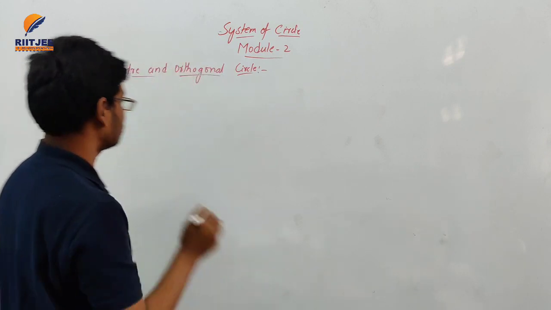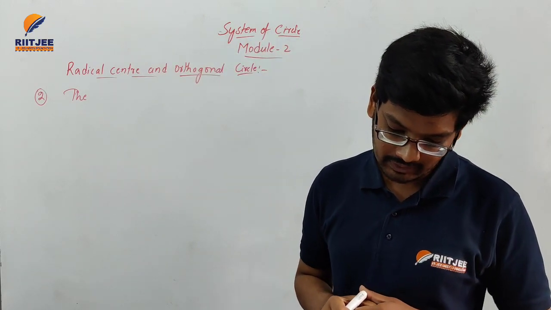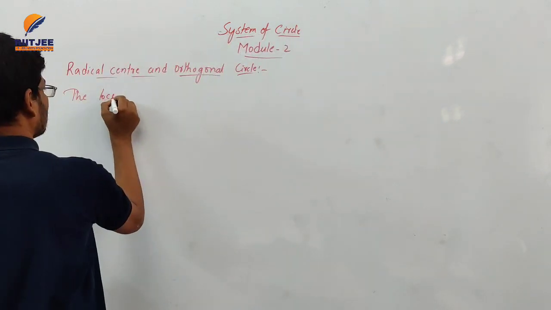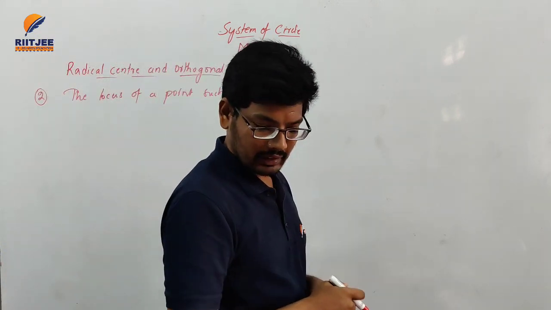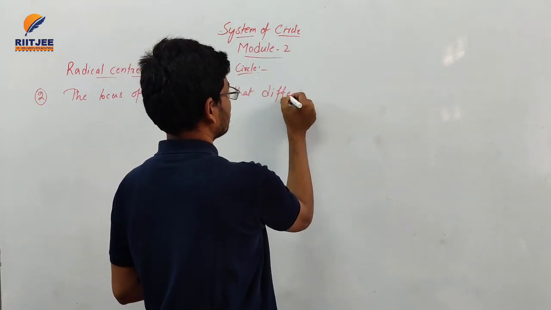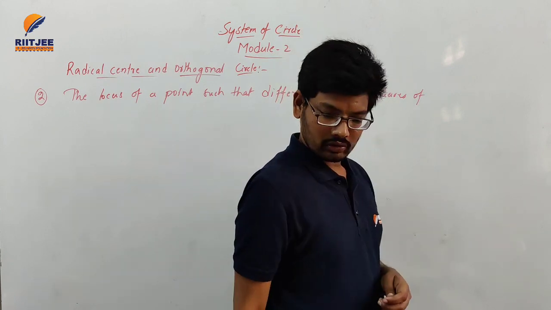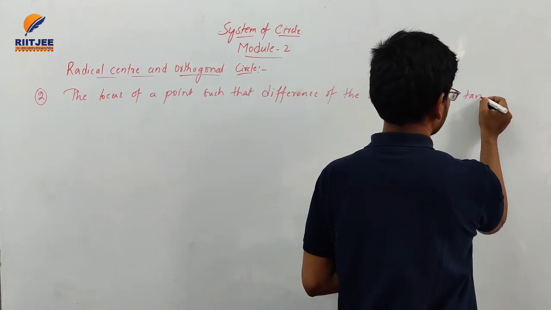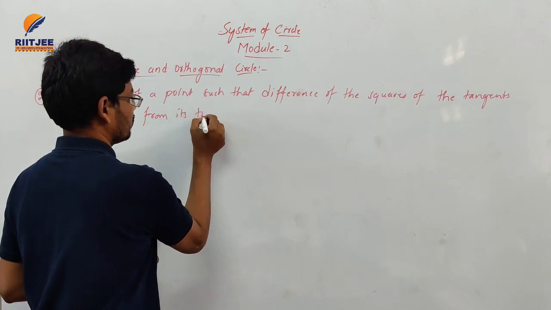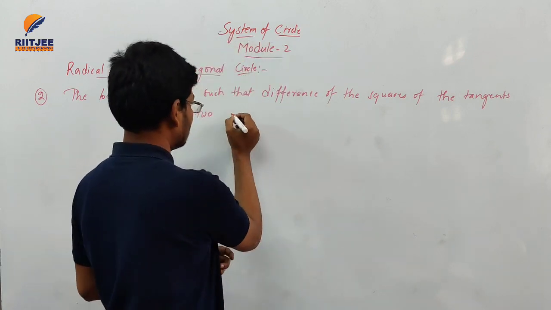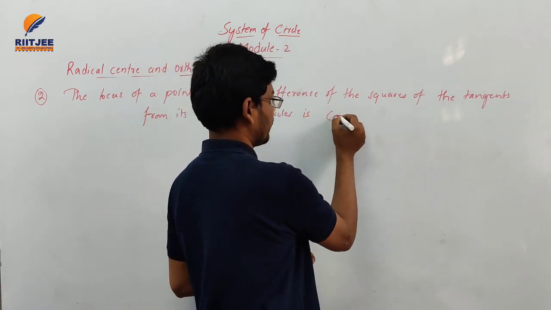The first one: the locus of a point such that the difference of the squares of the tangents from it to two given circles is constant is given by.